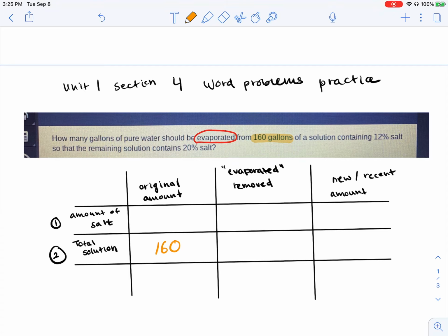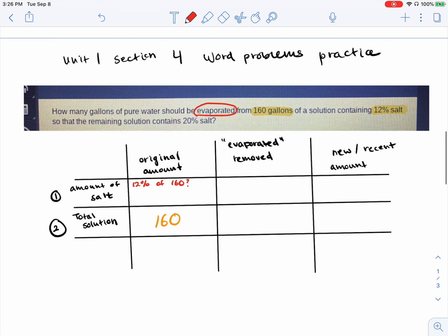And it says the solution contains 12% salt. So we don't want to put 12% like this because we want to know the exact amount. So we're going to calculate what is 12% of 160.